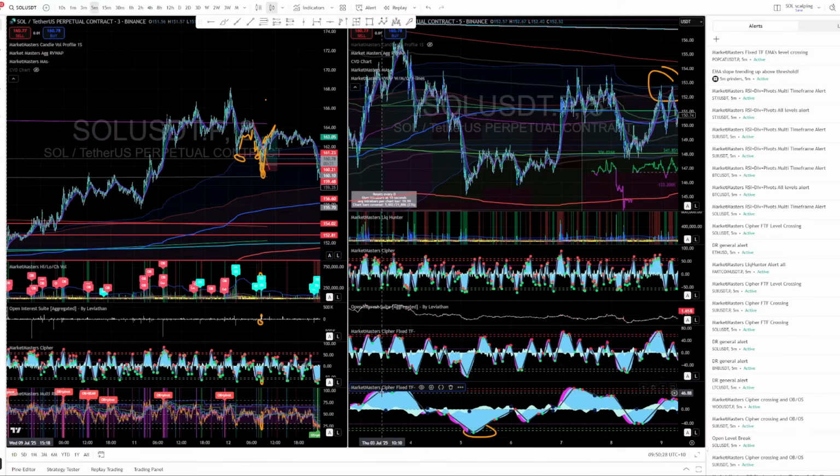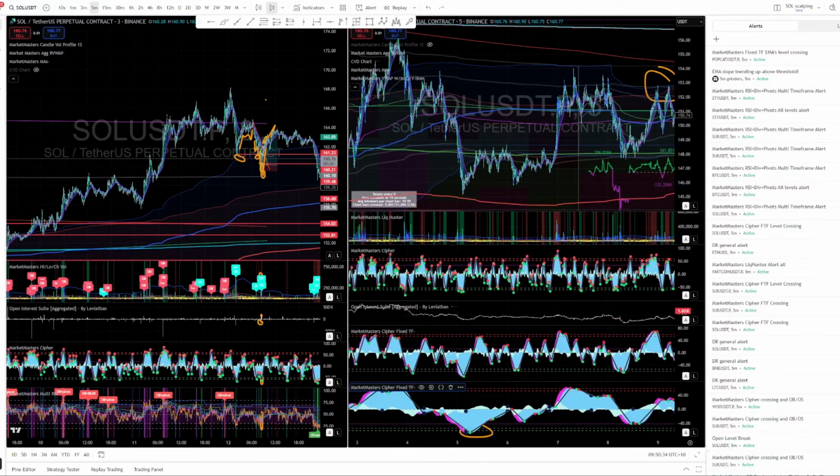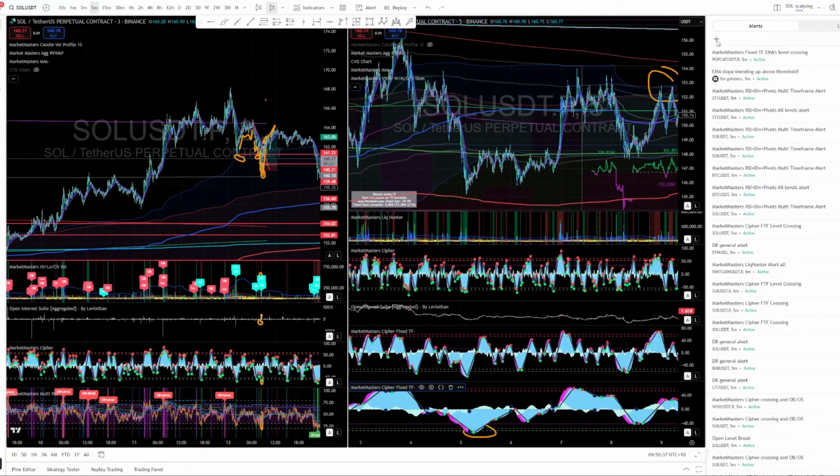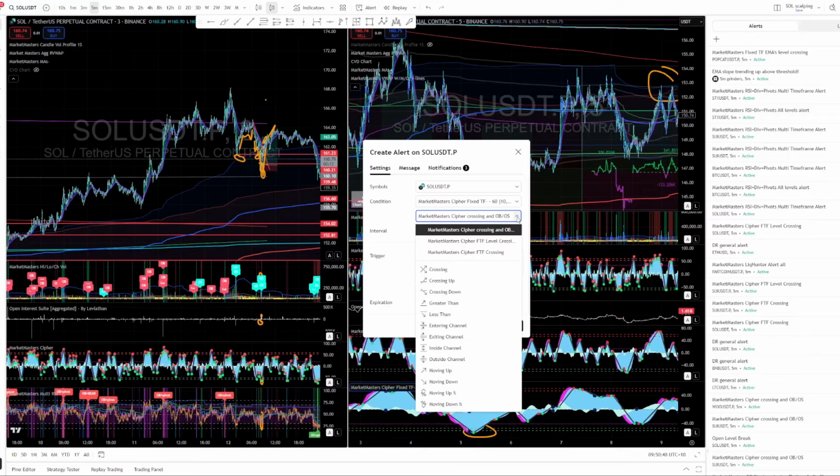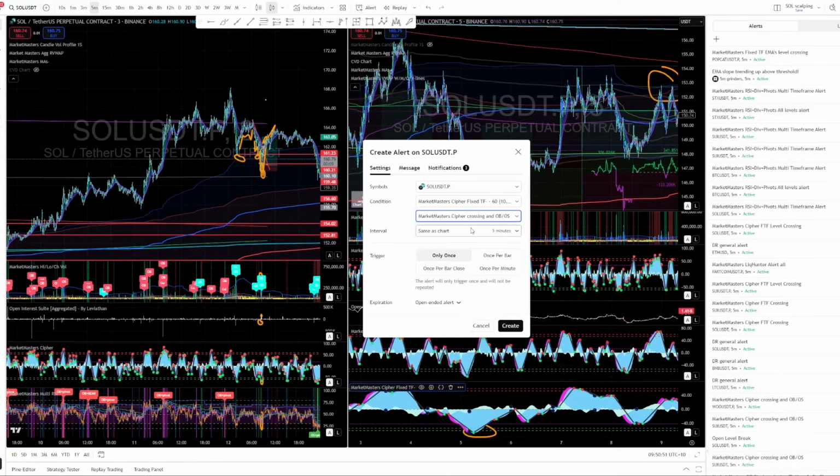So once again, click on the name, go over to your little alarm clock, go to alerts, go to plus. It's already set for you there. So 60 means it's set for 60 minutes. I think probably leave this one on the normal. I don't think you're going to get too many alerts for that, or just do the level crossing, whichever one you want to do.